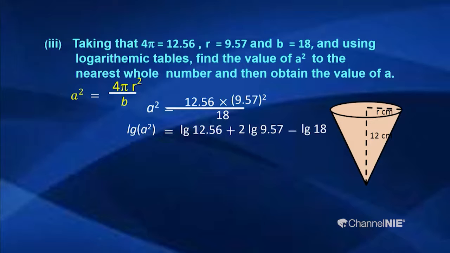If they give us any power, that index we can take before the log part, so we can write this one as 2 log 9.57. And multiplication we can write as addition according to the laws of logarithm, and division you can write as subtraction. So this expression again we can write this way.